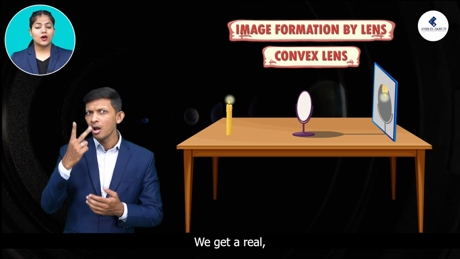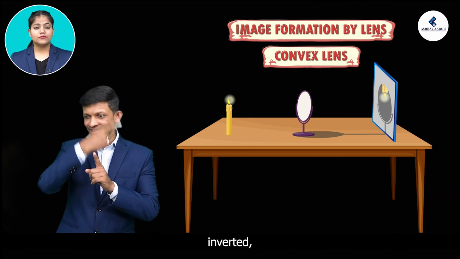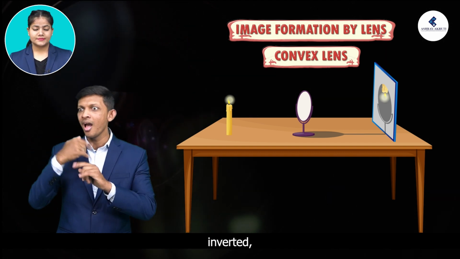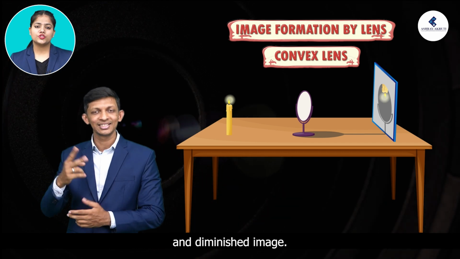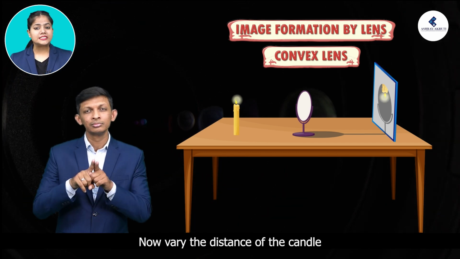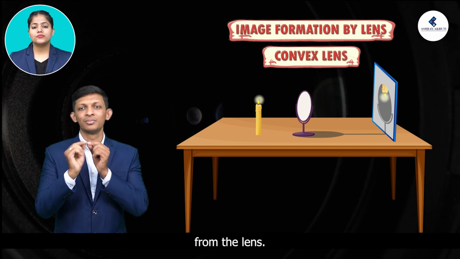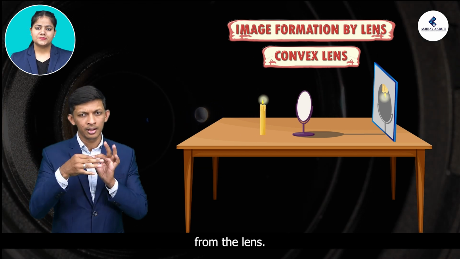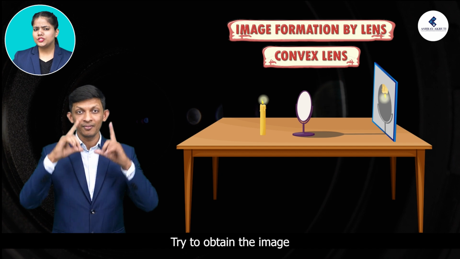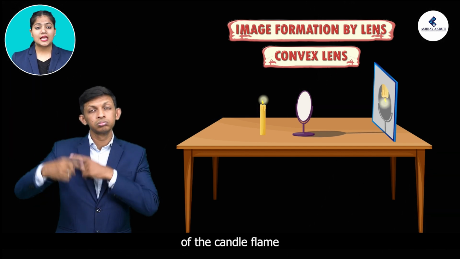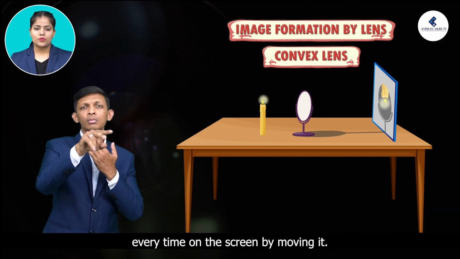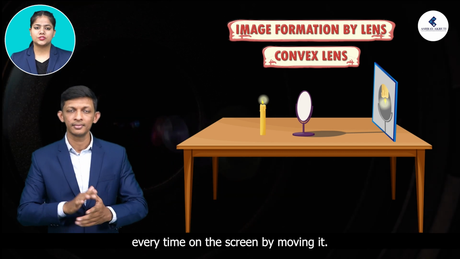We get a real, inverted, and diminished image. Now, vary the distance of the candle from the lens. Try to obtain the image of the candle flame every time on the screen by moving it.